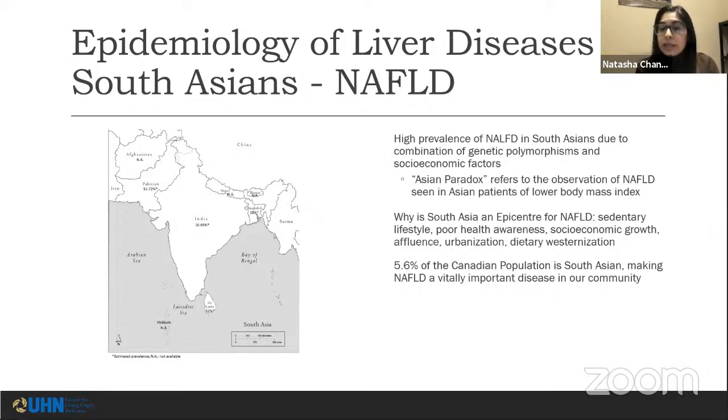There's also concerns that dietary westernization and urbanization have led to higher rates of this disease. It's really important that here in Canada, we focus on fatty liver disease in our South Asian population as we do have a lot of South Asians living here, 5.6% of our national population.